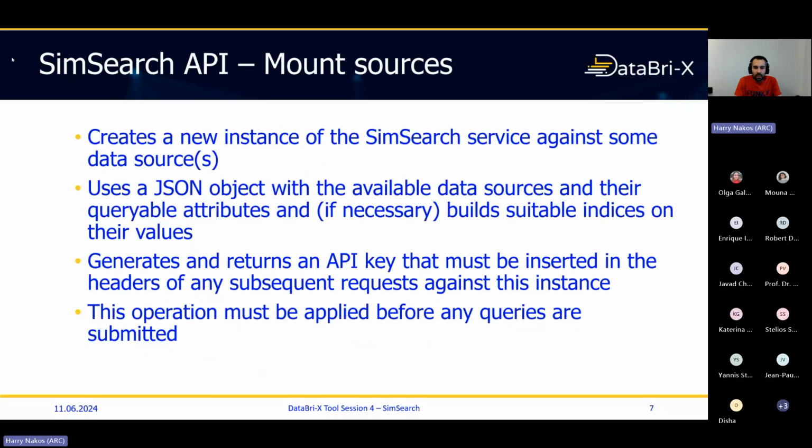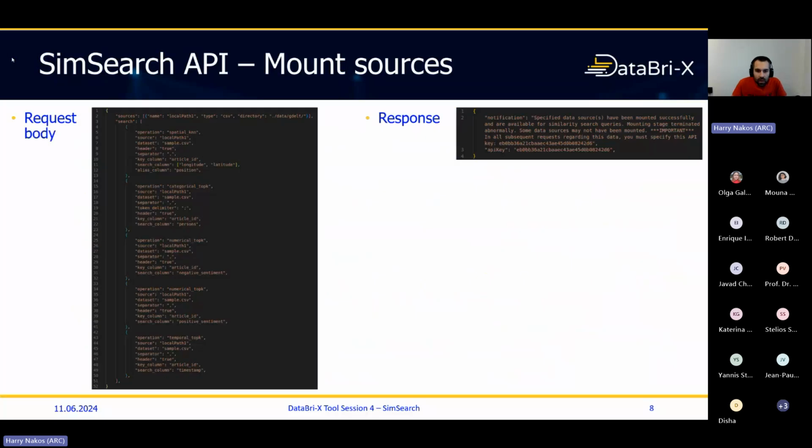An API key will be generated by the SimSearch service, and this will be used to access this instance in future requests. This is the first operation that must be applied before any query can be submitted. This will be much more evident using an example, and an example will be used for all API calls described later too.